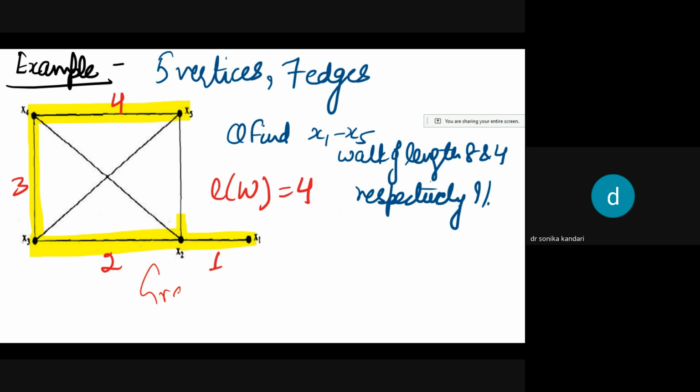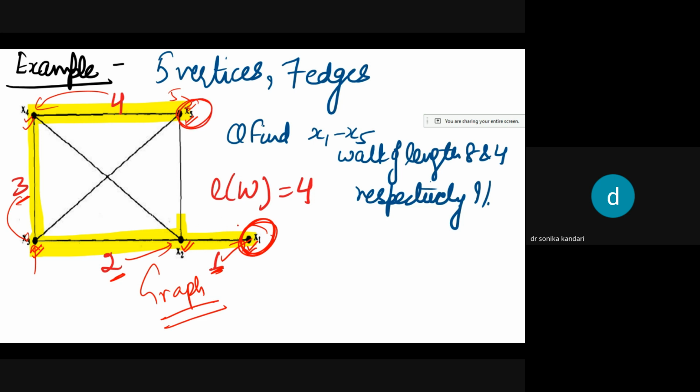See this example. This is a graph. How many vertices does it have? The first is x1, second x2, third x3, fourth x4, and fifth x5. So you have 5 vertices. And what you have to do is move from x1 to x5.